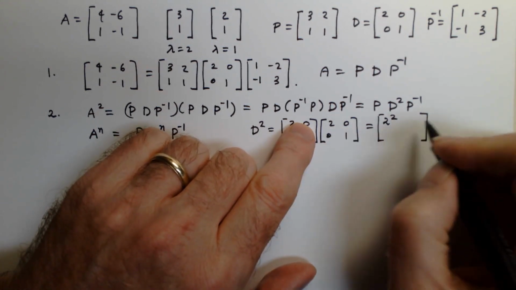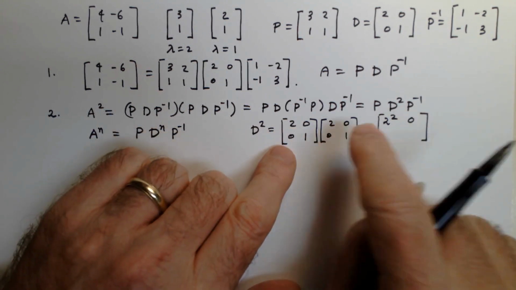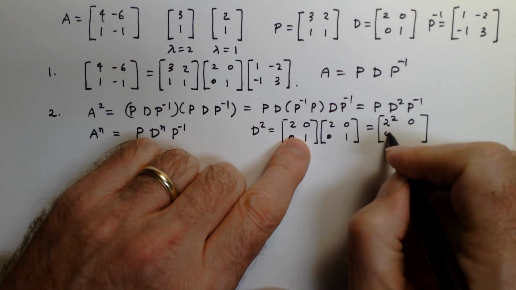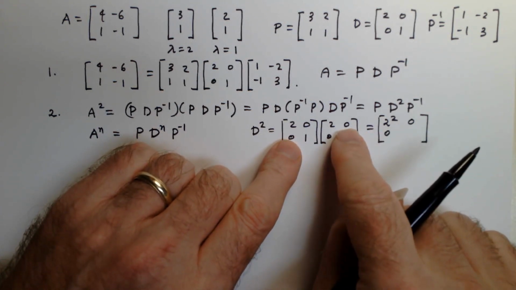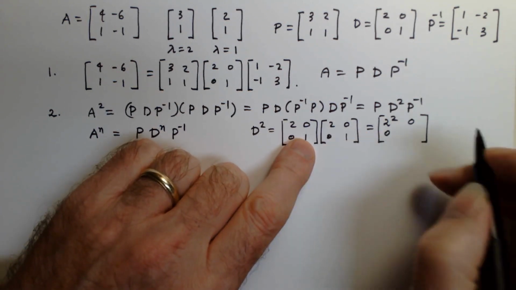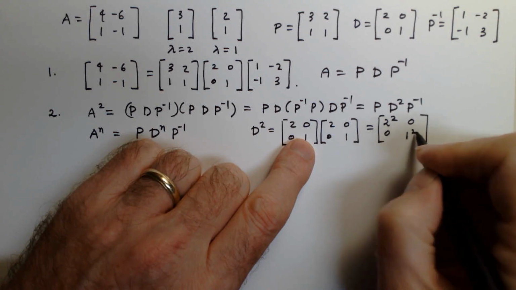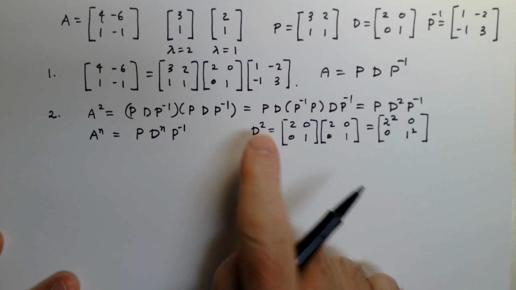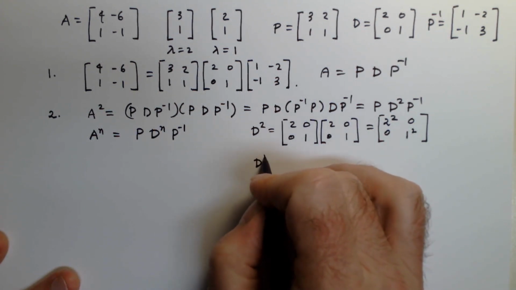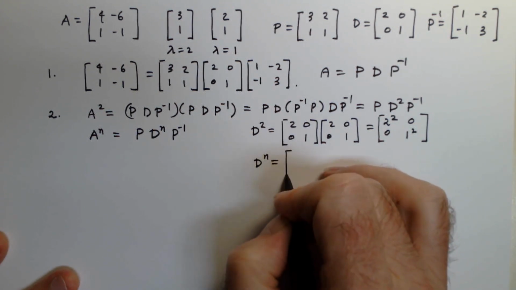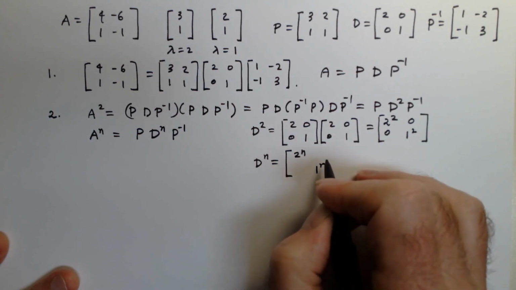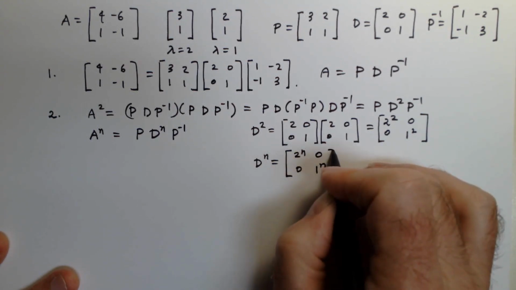So I'll just simply get a 0 here. We'll have a 0 plus 0. And then finally we'll have a 0 plus 1 squared. Okay? And that pattern is going to persist. D to the power of n is simply going to be the diagonal matrix with entries 2 to the n and 1 to the n.